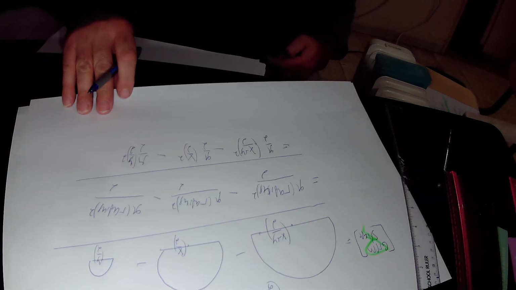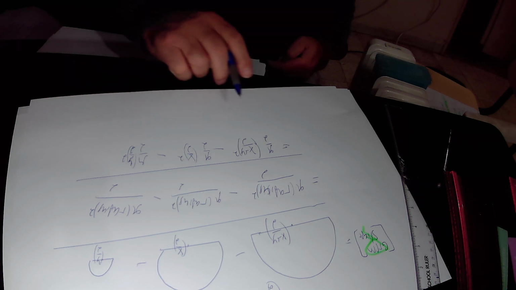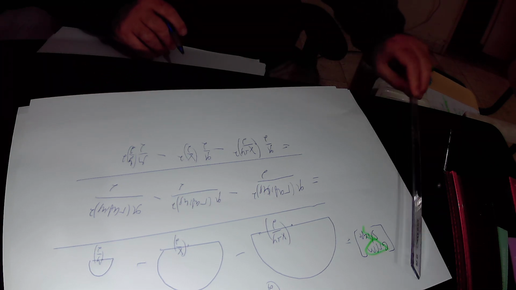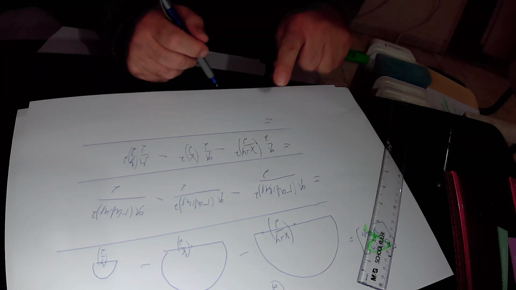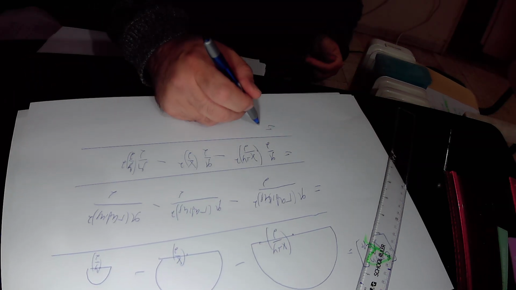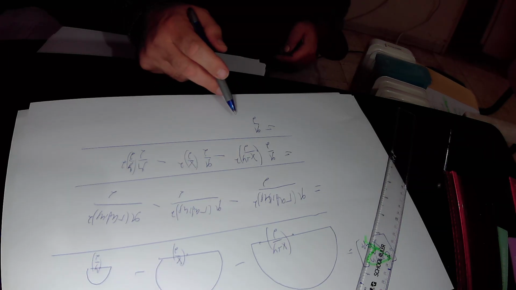In the next step, we just simplify all those three expressions. So here we have pi over 2. In the brackets we have x plus y over 2 squared.